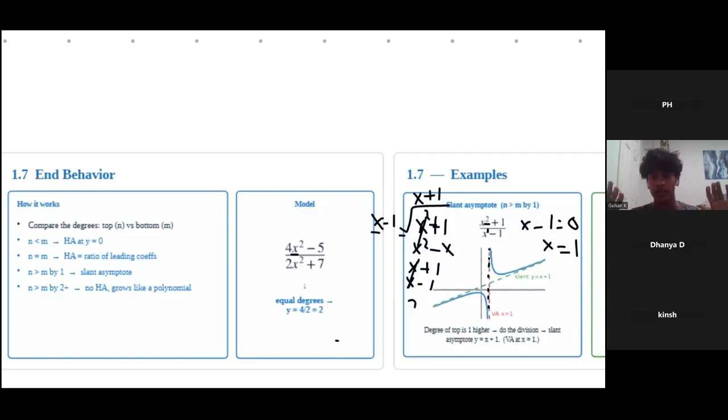The 2 is just our remainder, and we don't have to do anything with it for a slant asymptote. Our slant asymptote is just this right here, which is x plus 1. Now that we know that's our slant asymptote, we just have to graph it. Let's say this is y, the point where y is 1 is our y-intercept, and then we draw the line of our slant asymptote.